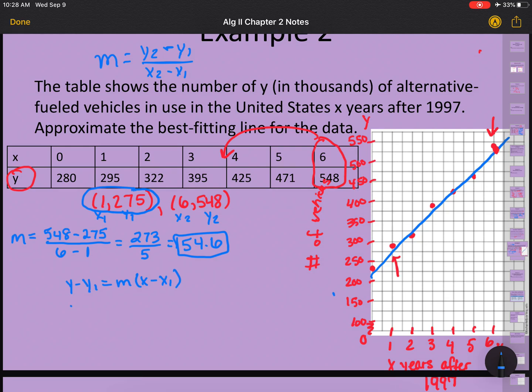Again, you can use slope-intercept form if you want to. So here's point-slope form. Your y1 is 275. We calculated the slope, which is 54.6, and x1 was 1. So distribute: 54.6x minus 54.6. Then I'm adding 275.